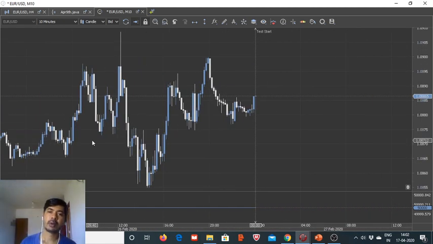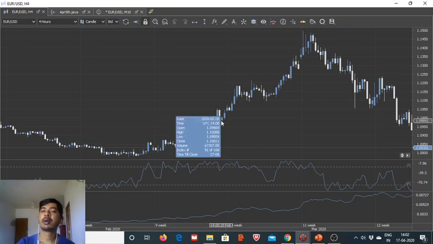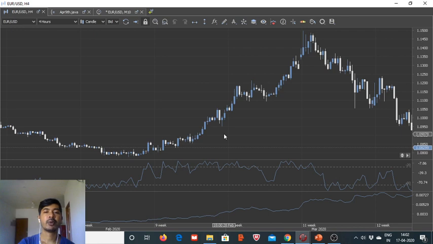Now it should start testing. Most probably, even if this order gets executed, I think it is more likely to end up in loss unless there is any trailing step setup. So in the absence of a trailing setup, it might go in for a loss only. Still, let's see.